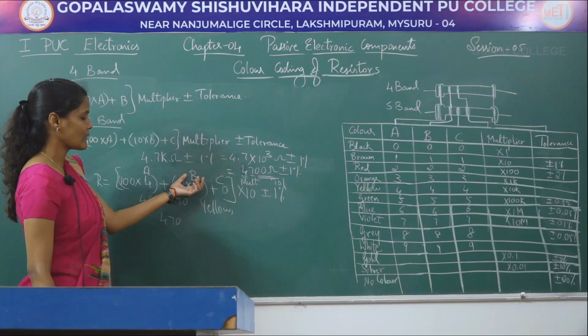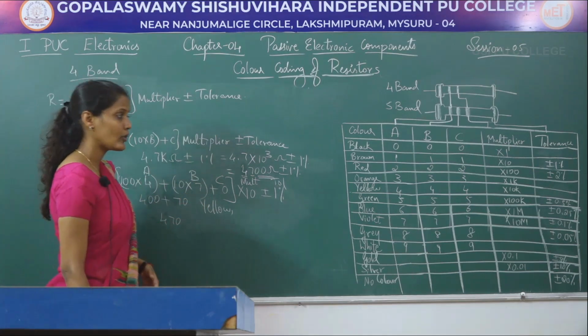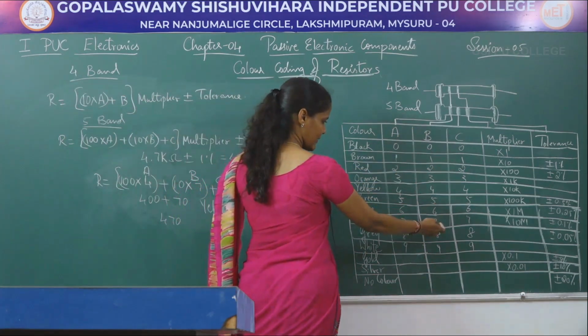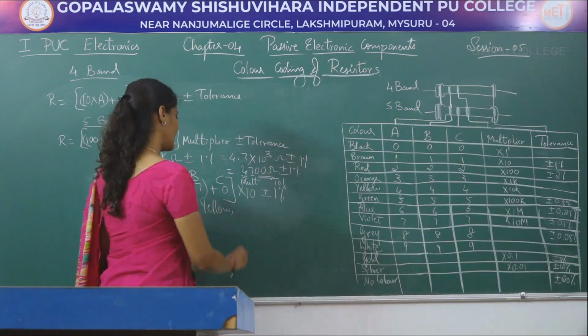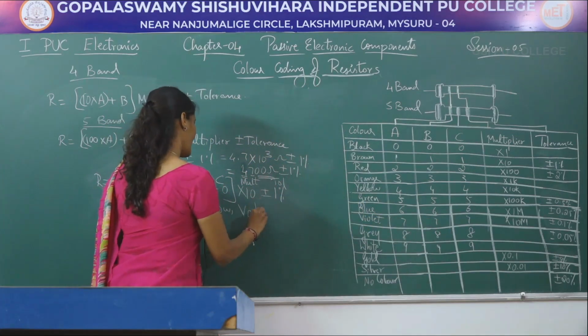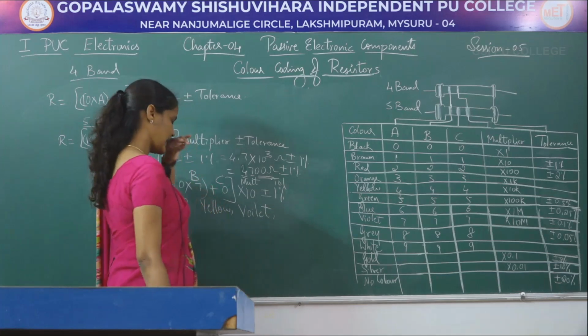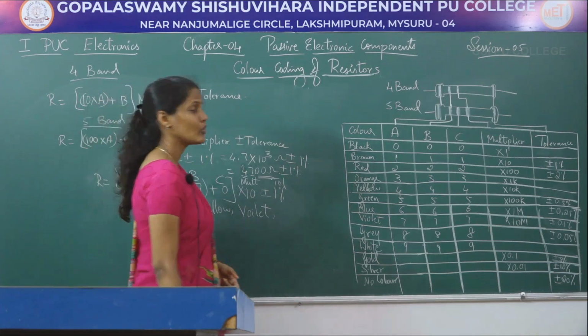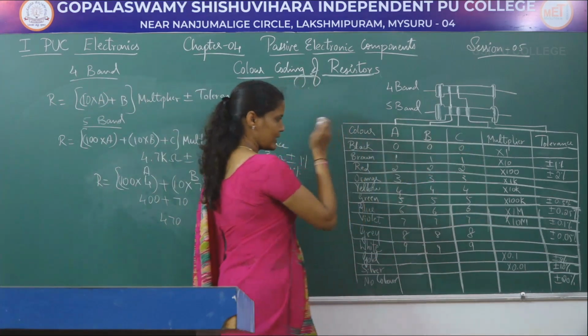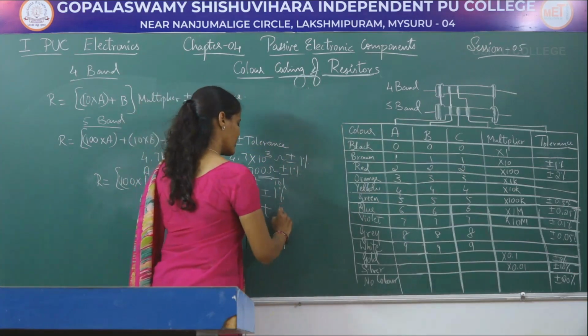The color corresponding to B, which is having a value of 7, is equal to violet. So yellow, violet. And the color corresponding to C, which is having a value of 0, is equal to black.